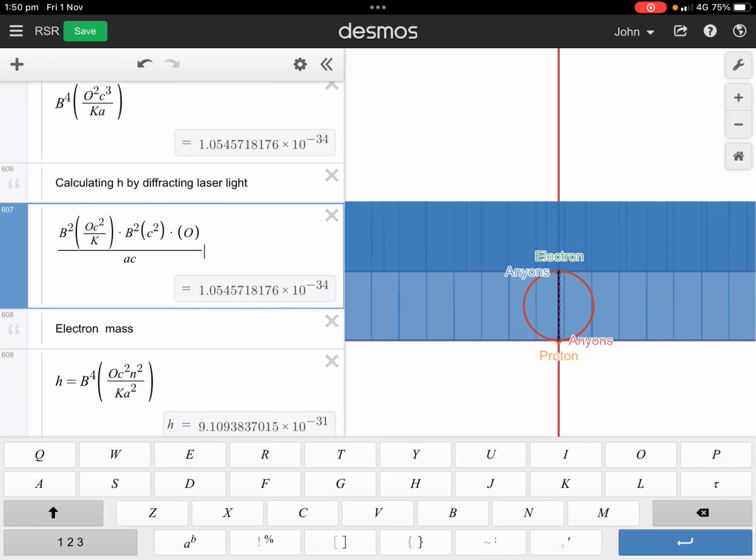And this is normally how you can calculate it at home, just using diffraction in a laser light.